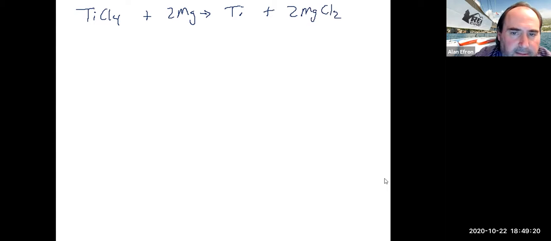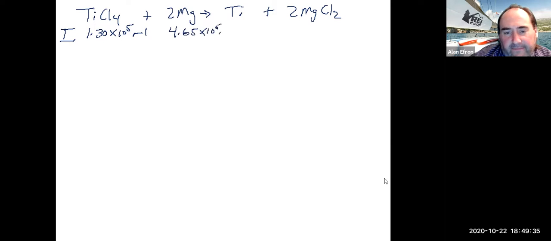Here we're going to start with our initial moles. We calculated that we had 1.3 times 10 to the 5 moles. For magnesium, we had 4.65 times 10 to the 5 moles. So remember not to use such big numbers next time. And on our product side, we'll just assume 0. You could pretty much safely assume that it is going to head to our product side.